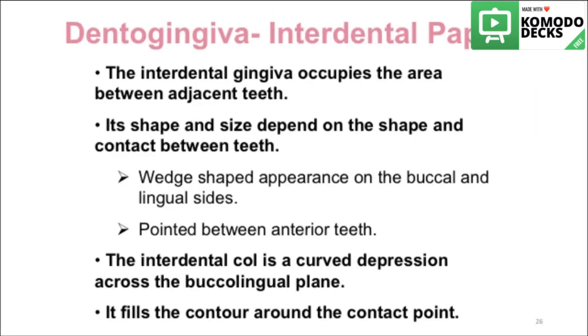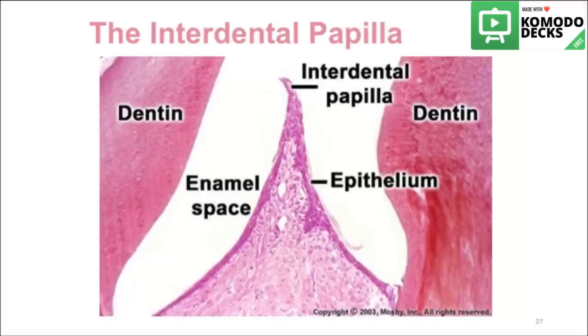The interdental gingiva, which occupies the area between the adjacent teeth, has different shapes and sizes depending on the contact between two adjacent teeth. It can be wedge-shaped on the buccal and lingual sides, and for anterior teeth it is pointed, a pyramidal shape. The interdental col is a curved depression across the plane which fills the contour.